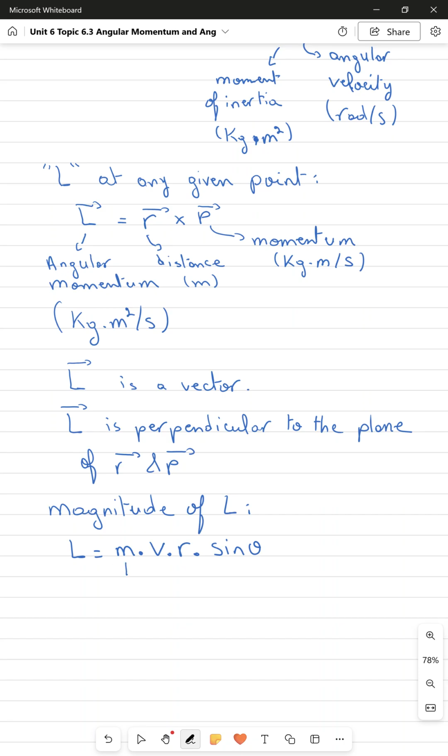So M is the mass, V the speed, R the distance, and this is the angle between R and V. So that's about angular momentum.